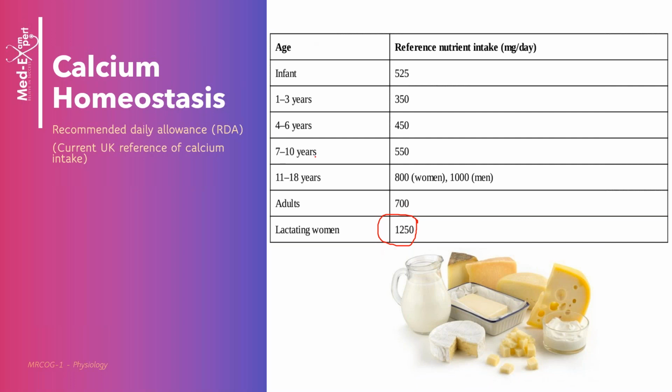As we will know later in absorption, calcium is not absorbed efficiently from the intestinal tract, only about 20 to 30%. That's why we give a high amount in nutrition or in diet, because only 20 to 30% will be absorbed from the intestinal tract.